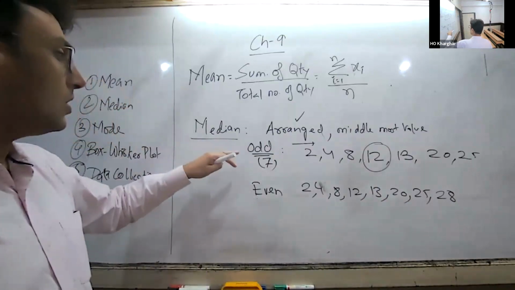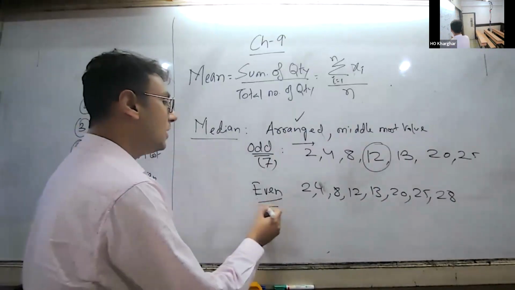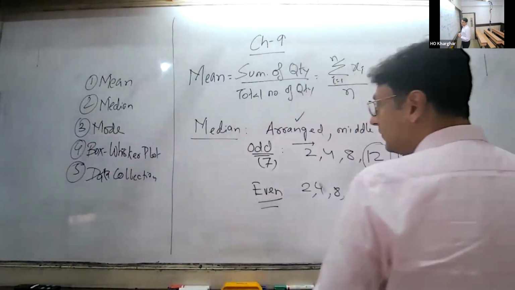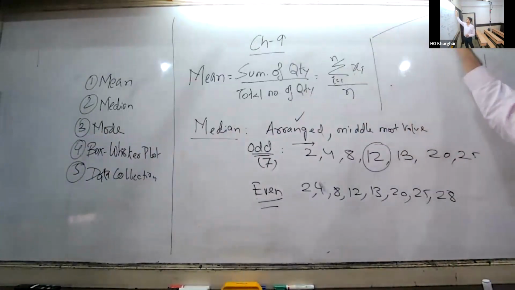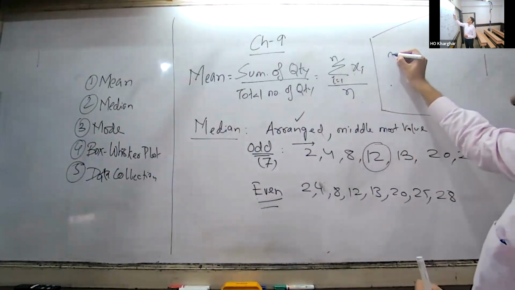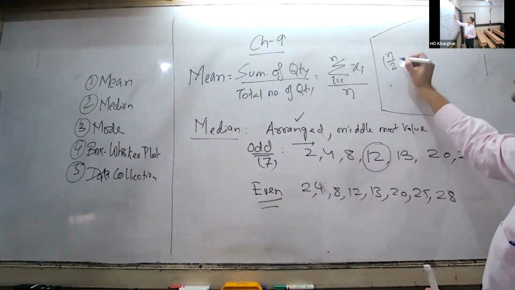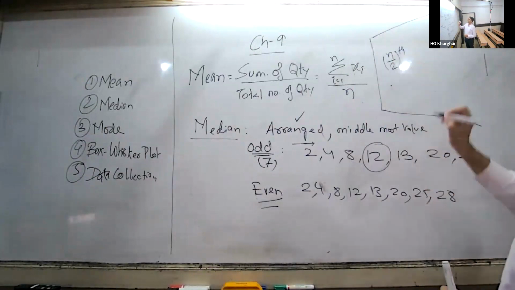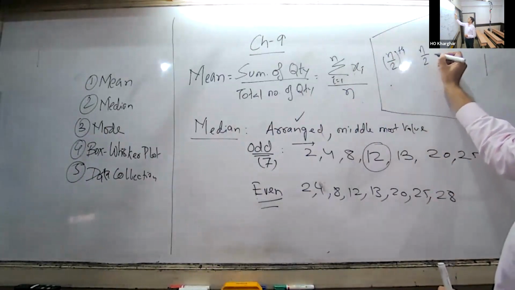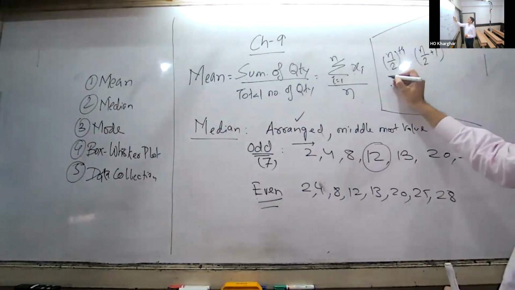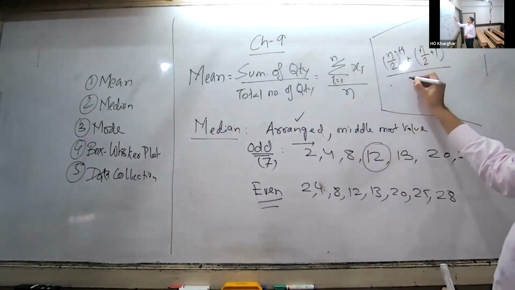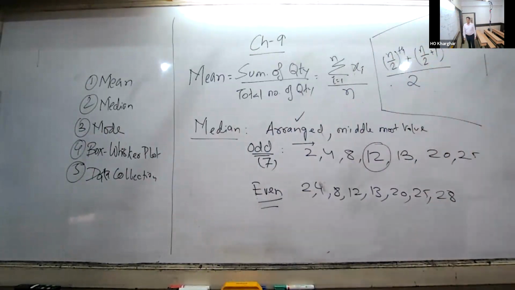This is not odd, this is even. The rule for median says, take the n by 2th value and the n by 2 plus 1th value and find the simple average of these two values. That will be your median.